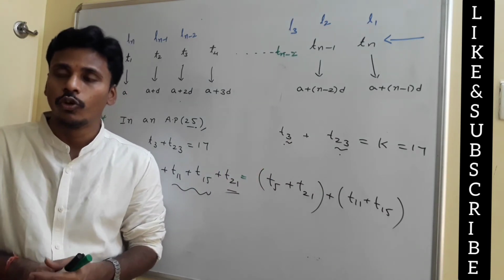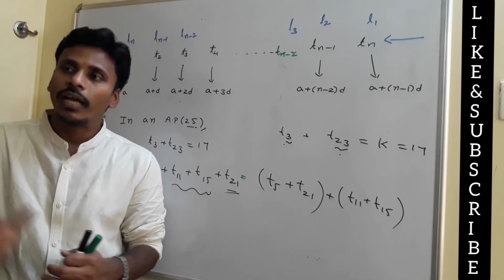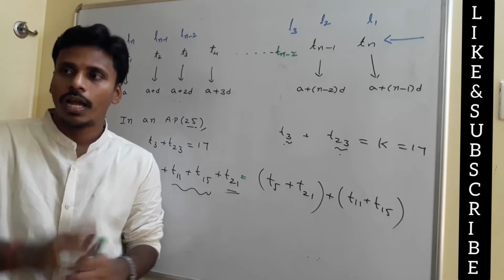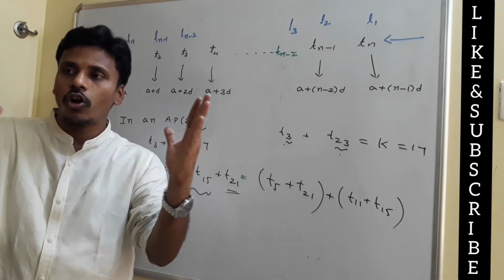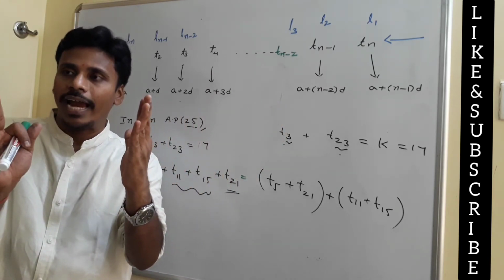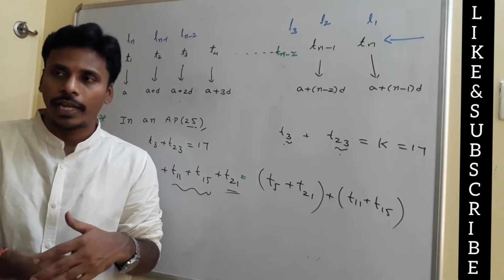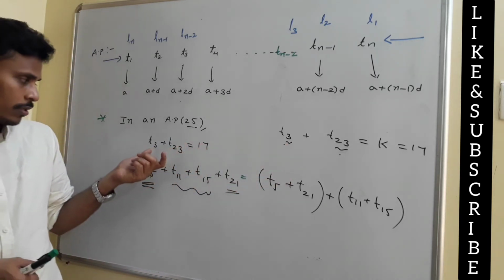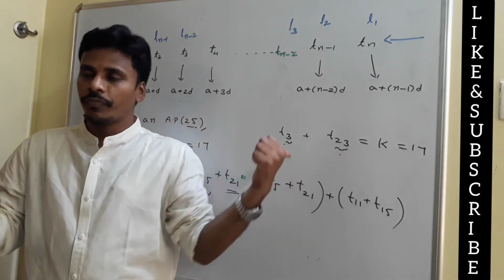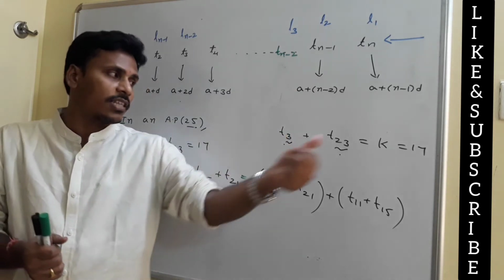As I told you, the mth term from the start and the mth term from the end: the sum of those two terms, which are equidistant from the start and the end, is always the same, and equals 2a plus (n minus 1) into d. Here one value is given in the question: T3 plus T23, at a distance of 3 from the start and the end, is 17.